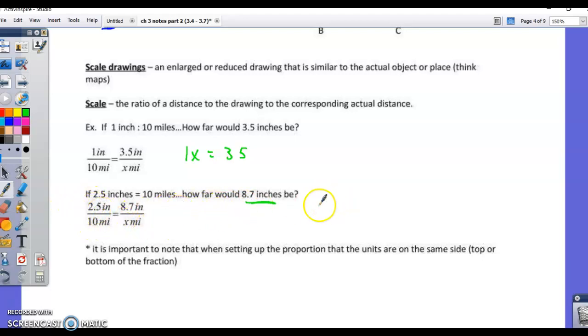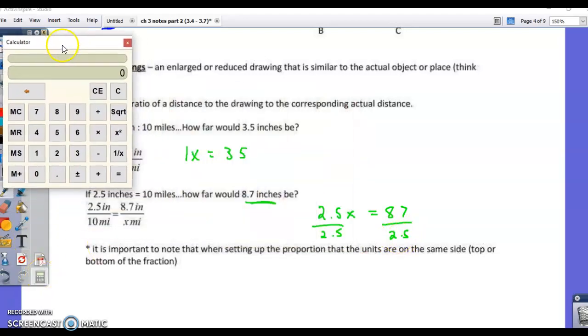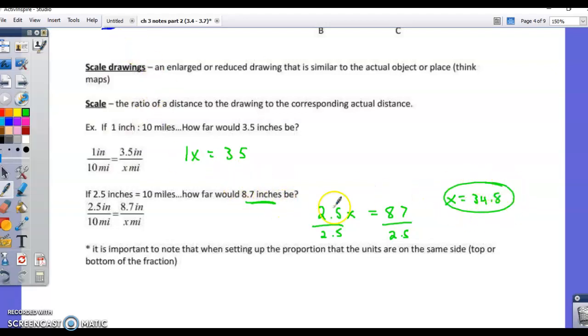So 2.5 times X gives us 2.5X. 10 times 8.7 would be 87, and then we divide by 2.5 to solve for our unknown miles. So I bring up my calculator. 87 divided by 2.5 gives me 34.8. So on a map, in that case, it would be 34.8 miles.